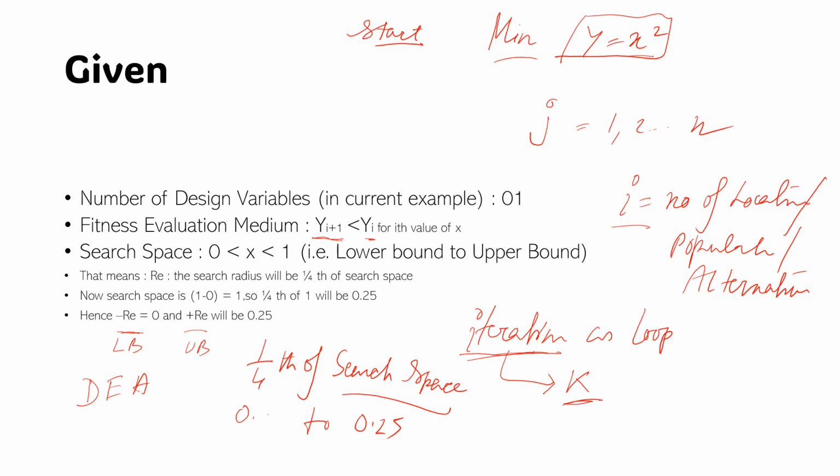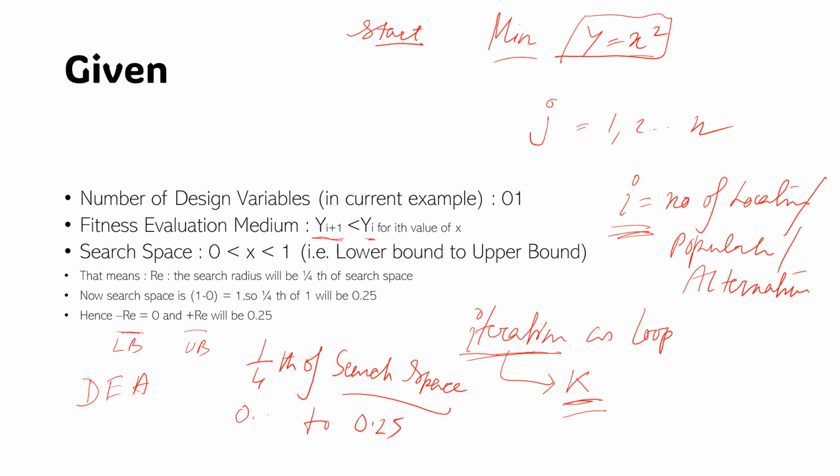But note down, in many algorithms, i is your number of iterations. But here it is not so. Here i is the number of location population alternatives. What is that? I will discuss that later on. But i is not your number of iterations. Here the iteration or loop is referred to as k.